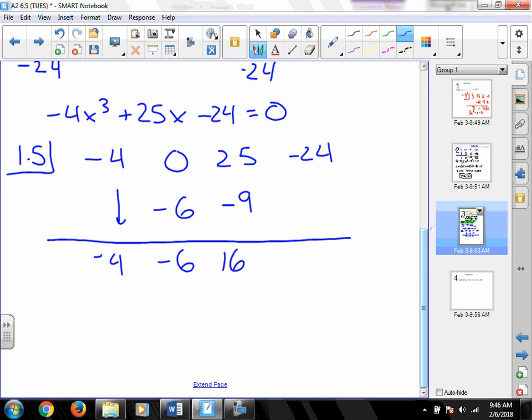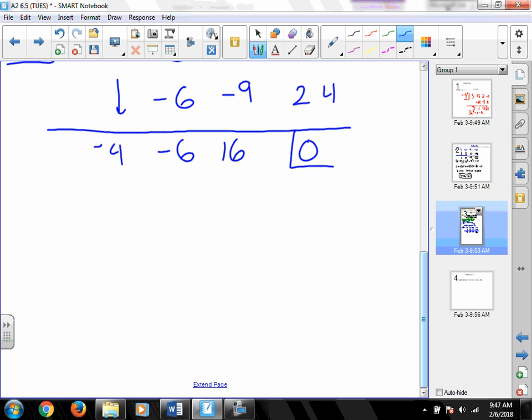Negative 1.5 times 16 is going to give me positive 24. Oh, I thought we were taking 9 times 1. Nope, got to add down the column. Okay? So we end up with x minus 1.5 times negative 4x squared minus 6x plus 16.